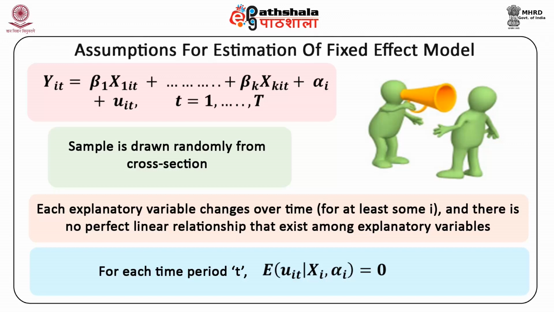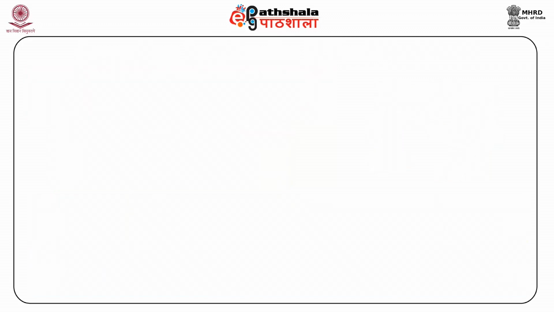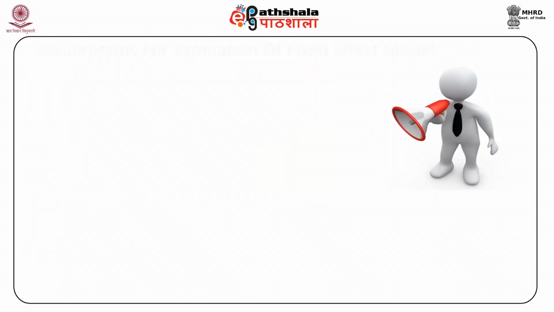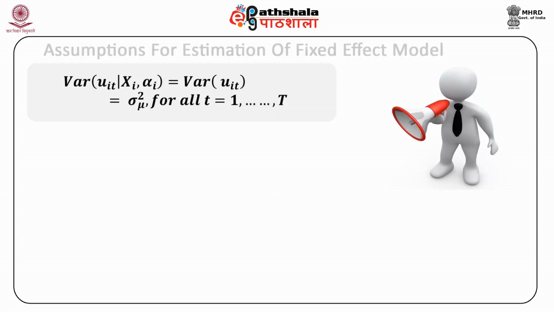All the above assumptions lead to a consistent estimator with a fixed T as n tends to infinity. The fifth assumption is that the variance of u_it given x_i and alpha_i is equal to the variance of u_it and is equal to sigma_u squared for all t, which is t = 1 to capital T.